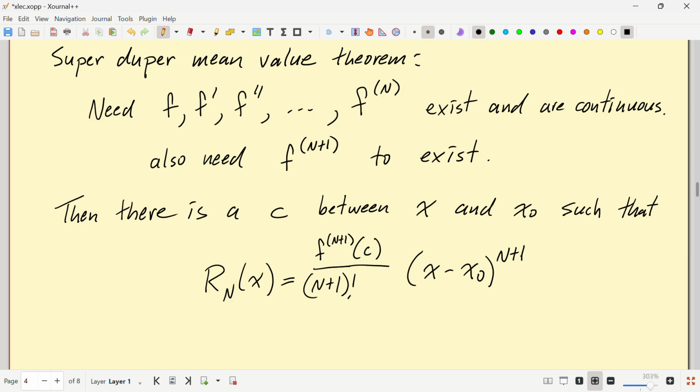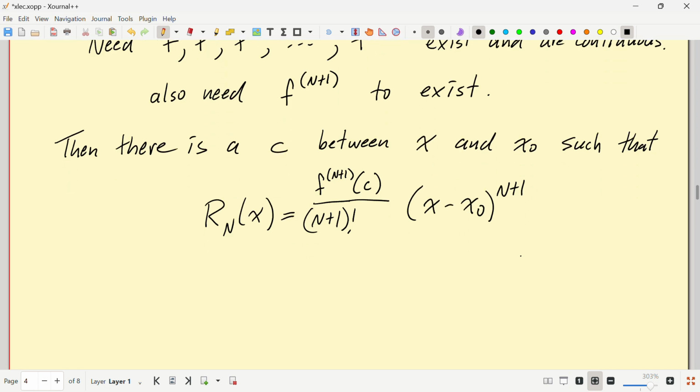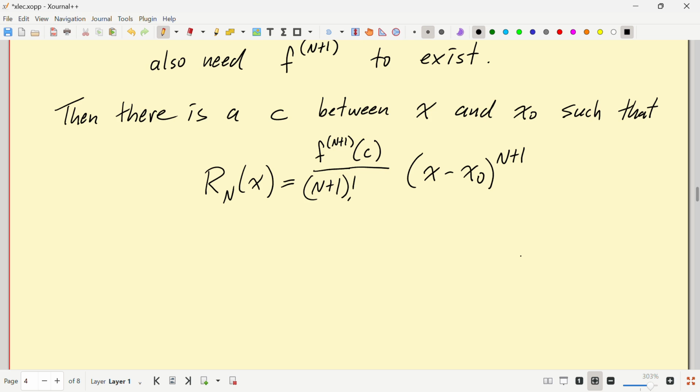So this might sound exciting if you're trying to approximate locally by a polynomial, because I just showed you a polynomial that's nice and close there. The mind-blowing thing is that sometimes this error estimate can show that the Taylor series converges to the function. So a mind-blowing fact.